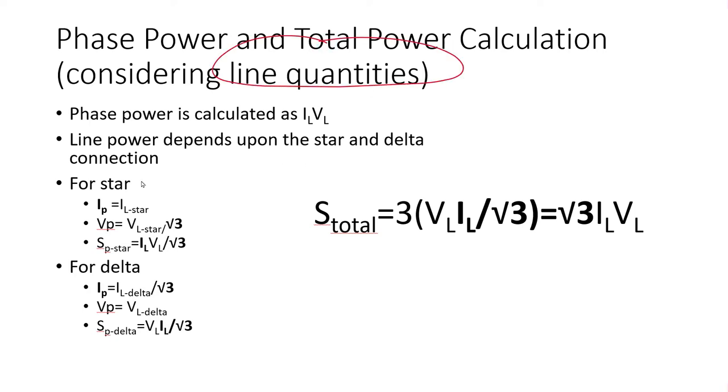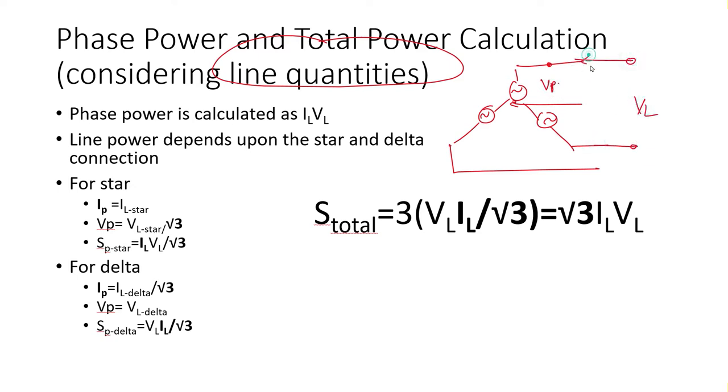So when we are having line as base quantity and we are having three phase Y connected, this is our Vp, and this is our VL, this is our IL, this is our IP.